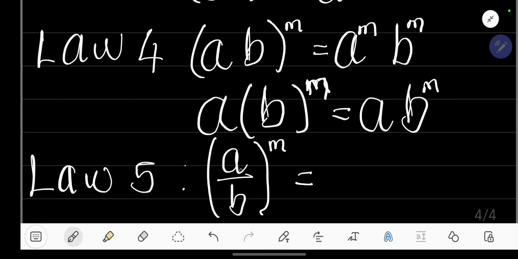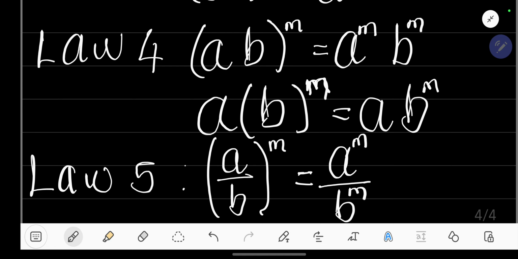Notice that base a and base b are both in the bracket. Since they are both in the bracket, this exponent m belongs to each of these bases, so you can simply distribute it and simplify it to a exponent m divided by b exponent m.